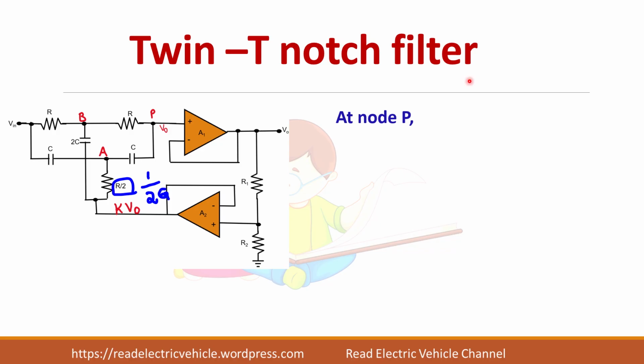So at node P, we can write VA minus V0 into this capacitance, so S into C. And this is connected to node B also, so VB minus V0 into this G is equal to 0.